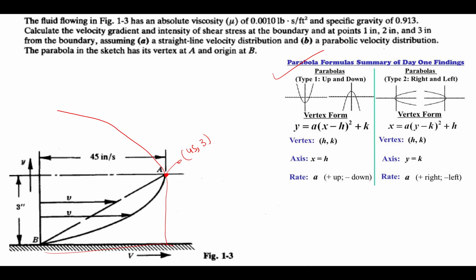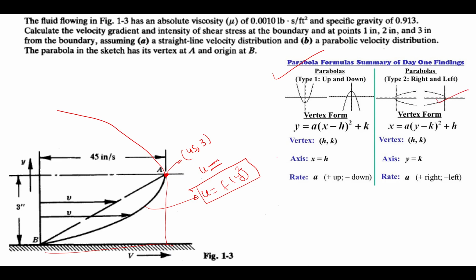So if you want to form your equation, how will you form it? U is equal to, how will you write it? Because here your u is a function of y square, because this is the equation for a parabola.